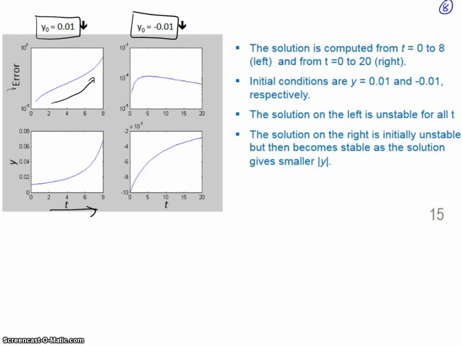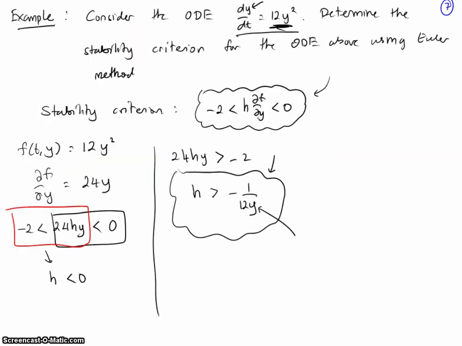However, when you look at the column to the right, using a different initial value for the same ODE, you can see that initially the error increases, but as time goes on, the error decreases. This is one of the characteristics of problems like this, where your step size actually depends on your solution y.